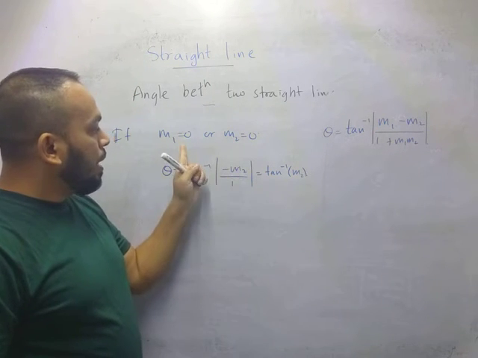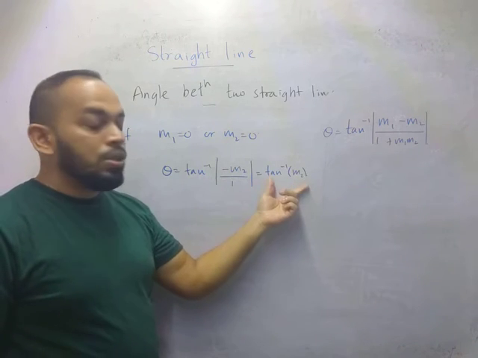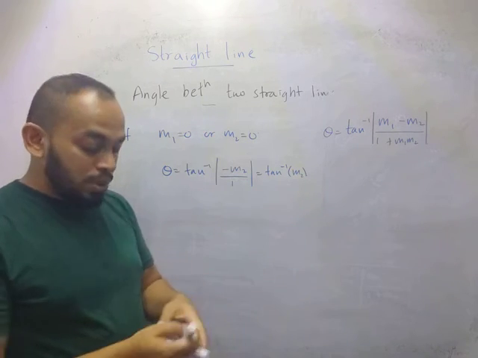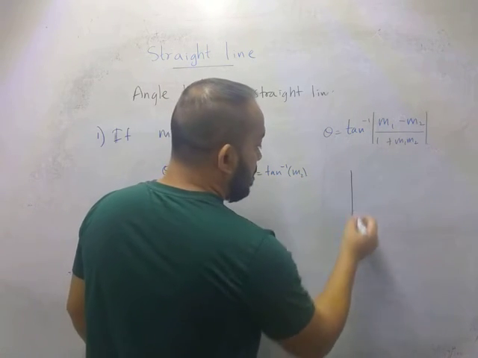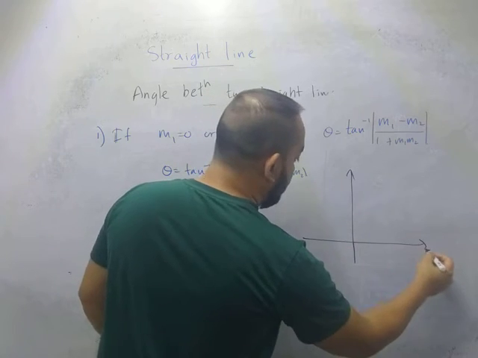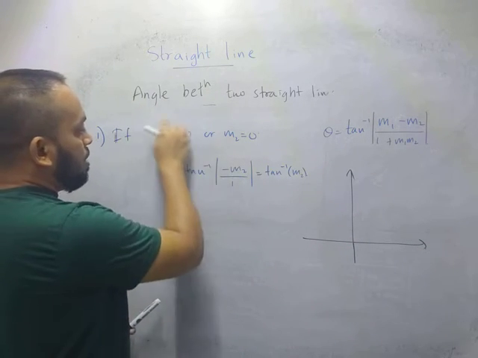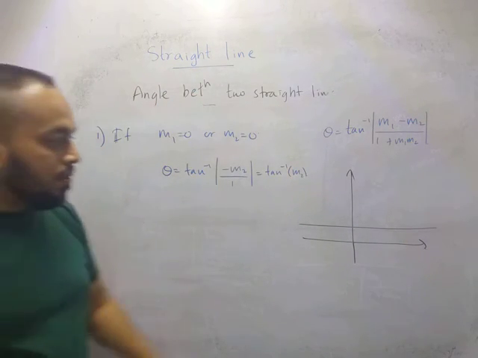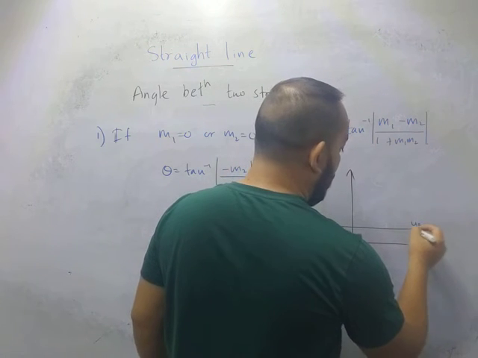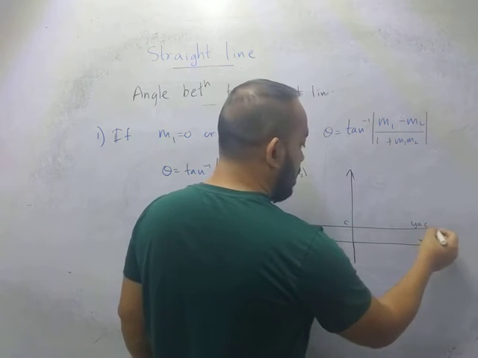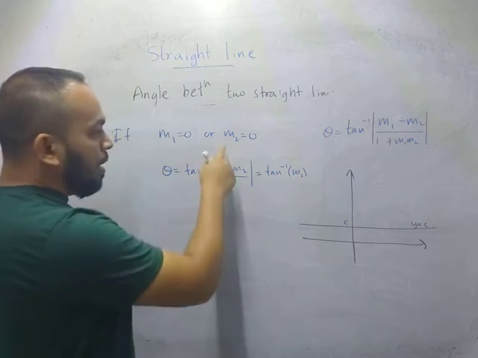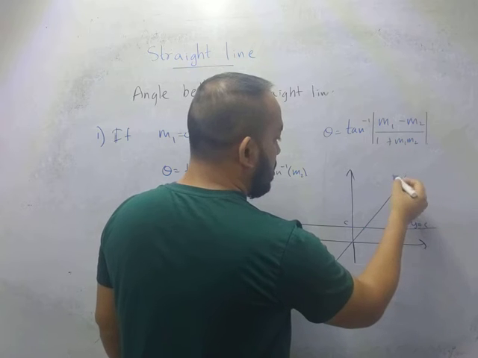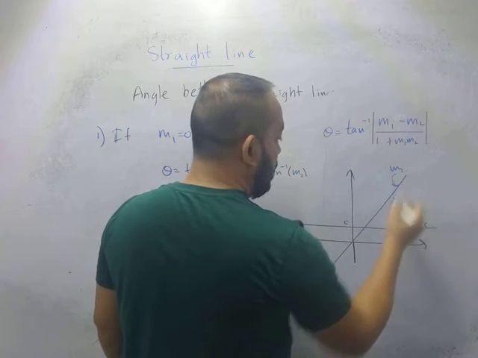That is merely the angle that line 2 makes with the positive x-axis. For example, suppose this is a scenario like this. m1 is equal to 0, that means a line parallel to the x-axis, y equals c, and there's another line with gradient m2.